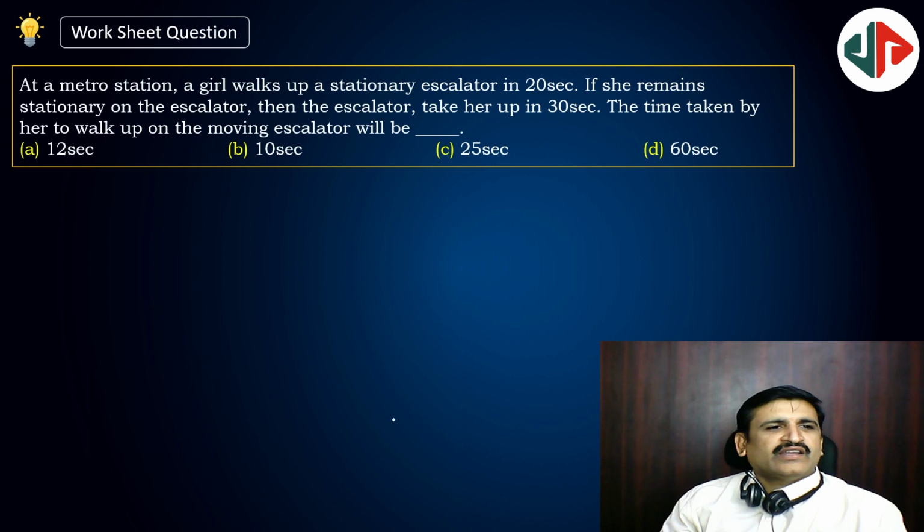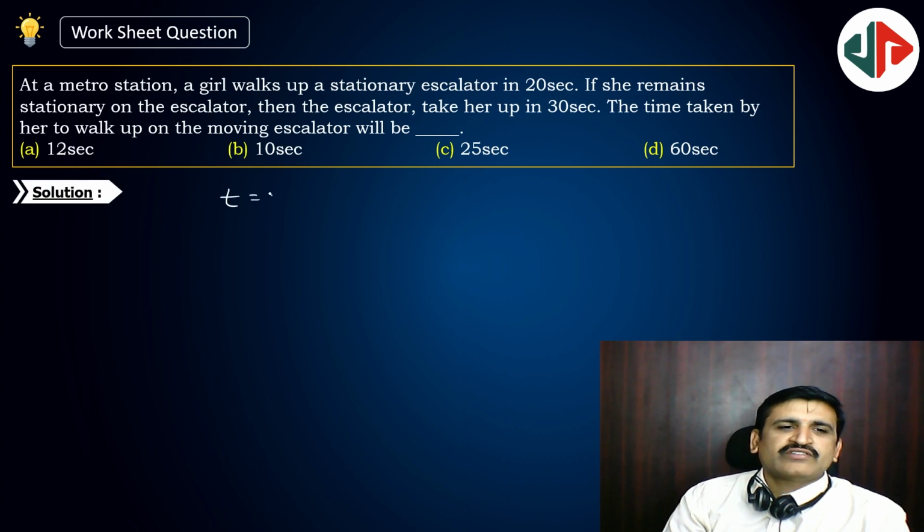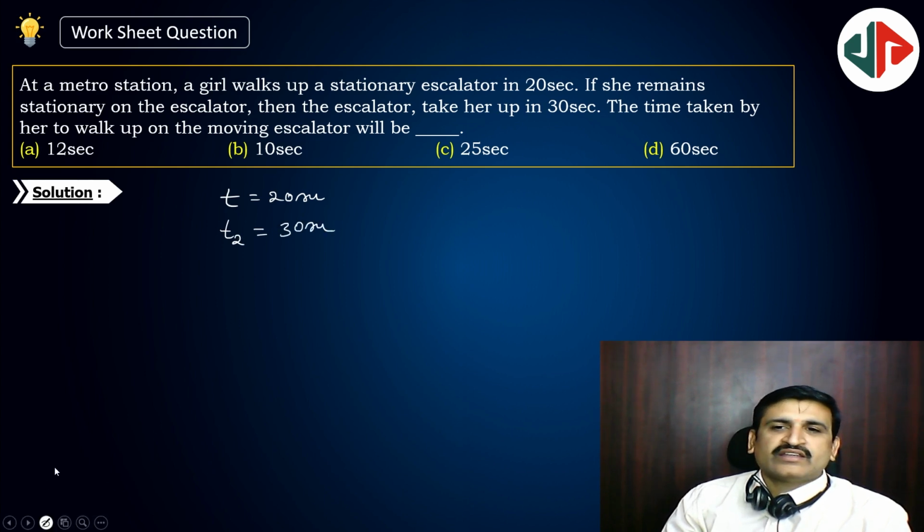In a metro station, a girl walks up a stationary escalator in 20 seconds, so T is equal to 20 seconds. If she remains stationary on the escalator, then the escalator will take her up in 30 seconds. I will write T1 and T2.